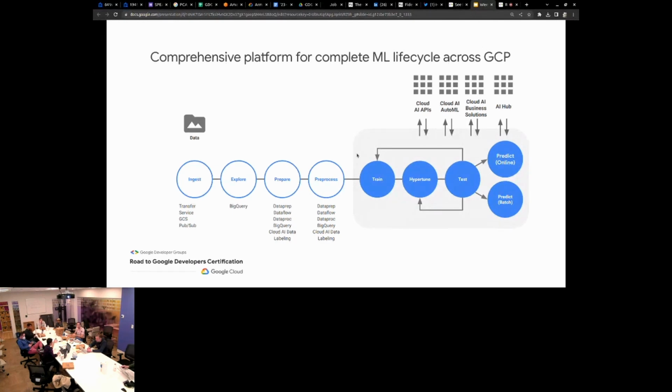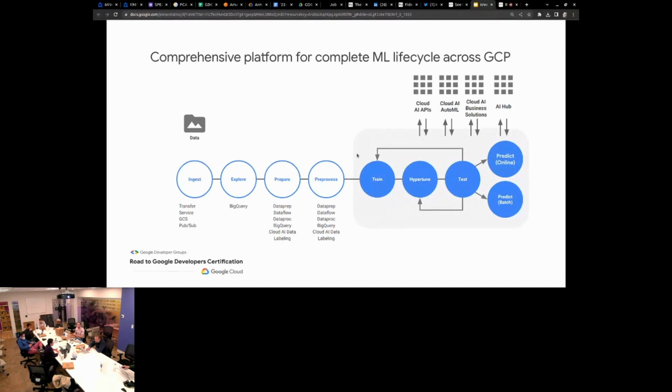So if you have batches of data, you can use Google Cloud Storage. If you are using a stream of data, you can use PubSub. Then you want to explore this data and realize which part of this data is more important for you. So then BigQuery comes in handy.